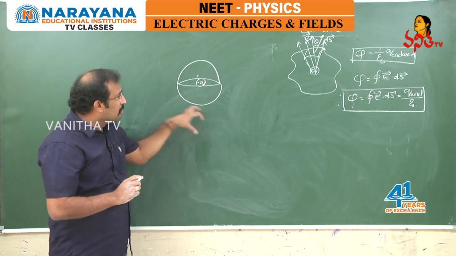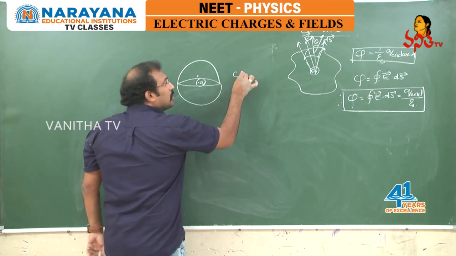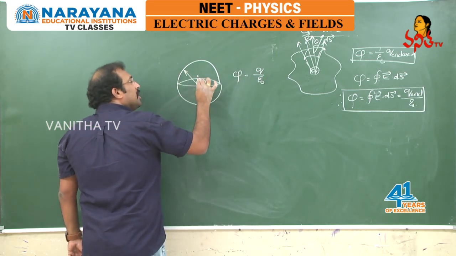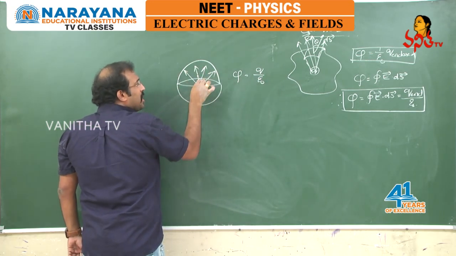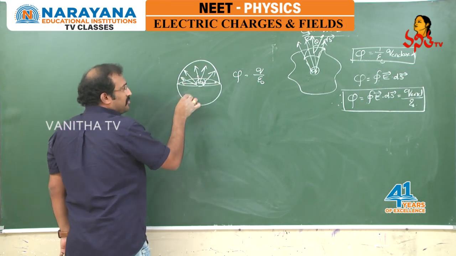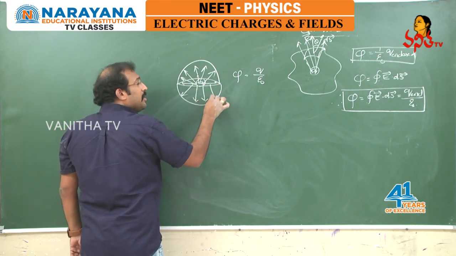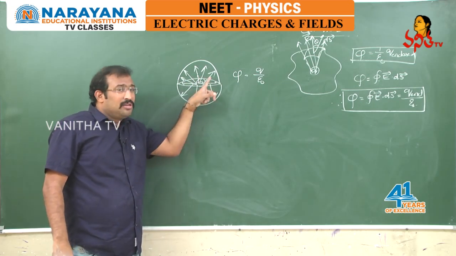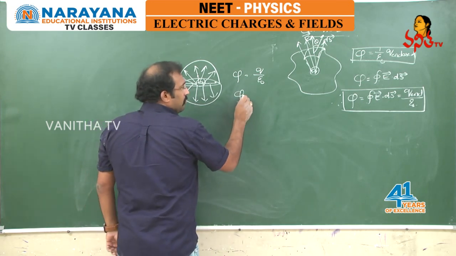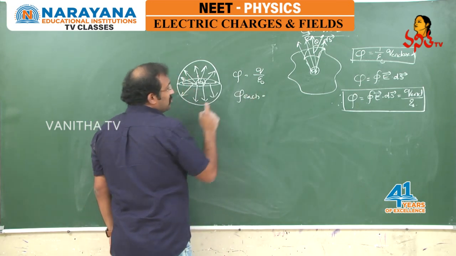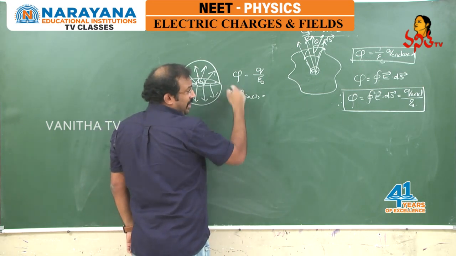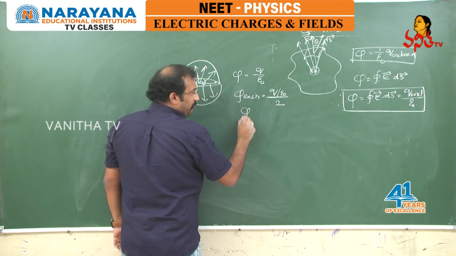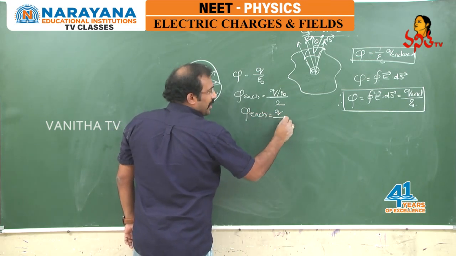Now the charge is completely enclosed. Now the flux through the total surface is Q by epsilon naught. So here the flux will be equally shared by the two halves. Now the electric flux through each half shell is Q by epsilon naught by 2. Therefore, flux through each is Q by 2 epsilon naught.